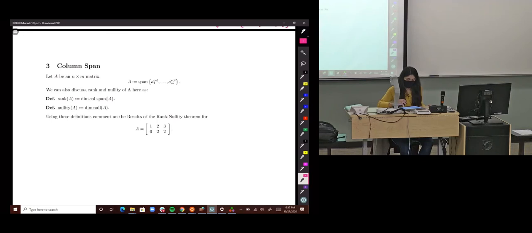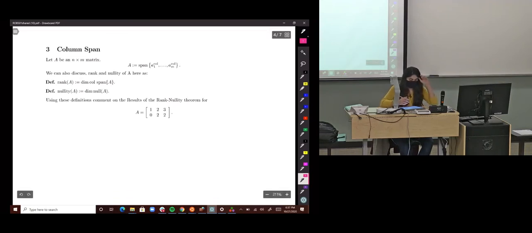To make it more clear, for a system of linear equations, we expand on what we call a column span.